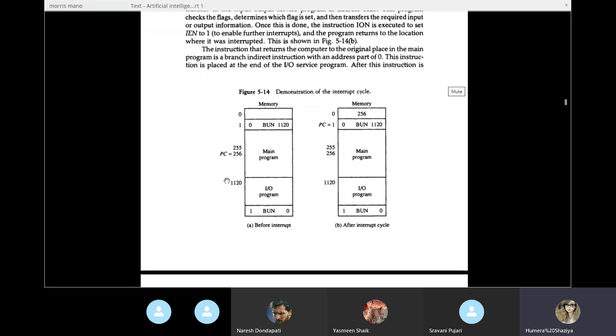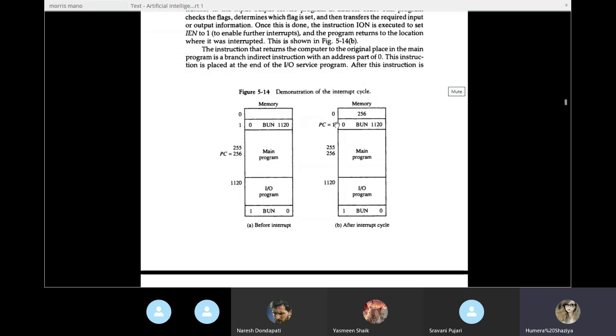It has to jump to address 1120. So it stores the address of the next instruction where it has to resume, 256, at location number 0. Look here, it stores the address 256 at location number 0, and then it executes the instruction stored in location number 1. What is there in 1?